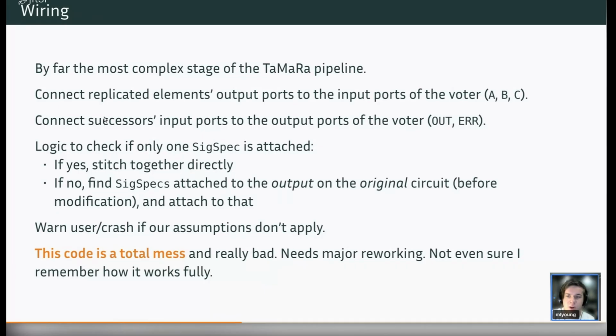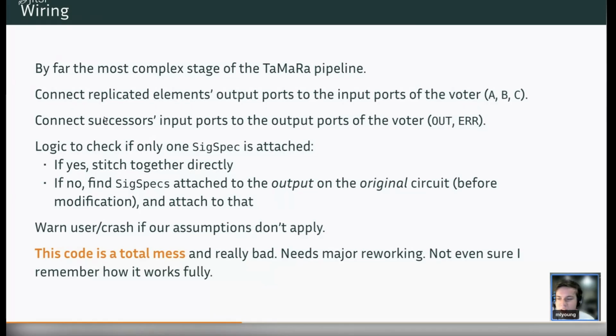But it ends up being quite difficult to handle this in a lot of cases. There's issues with whether a SIG spec is attached or not, and if there's multiple SIG specs, we have to try and find the original output on the circuit before modification and attach to that. There's a lot of assumptions that I made here just for the sake of time, and I try to warn if they don't apply, or if these assumptions might be invalid.